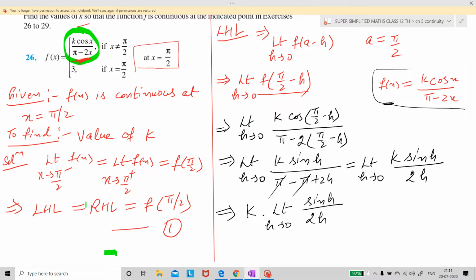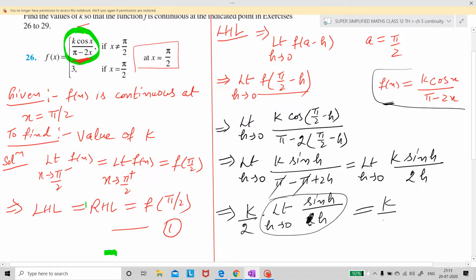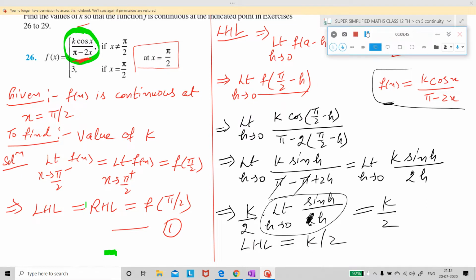This can become the standard limit. So I could take 2 also outside, since this 2 is also a constant. So 2 can also be taken outside the bracket, and whatever is left is the standard limit whose value is 1. And hence we get that the value of left hand limit comes out to be k by 2.